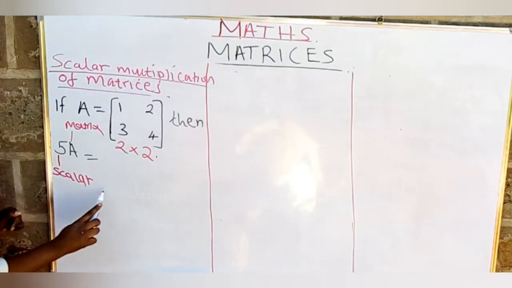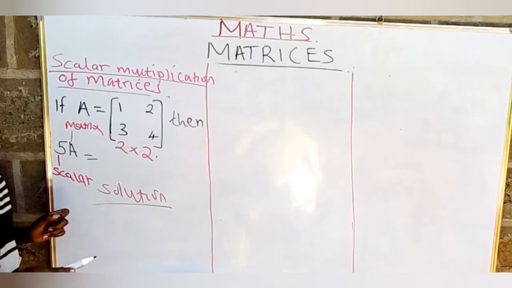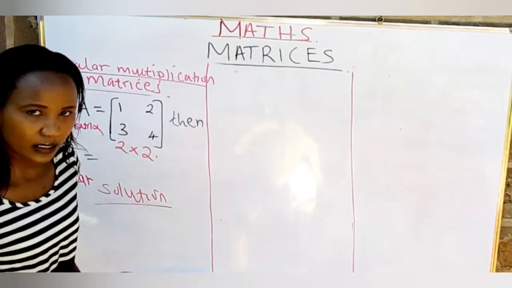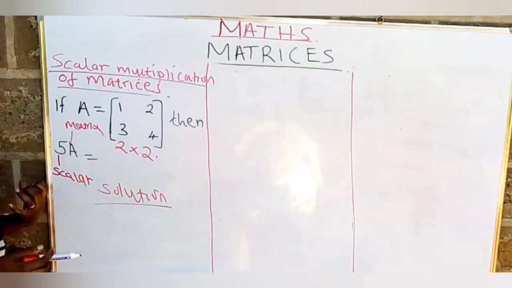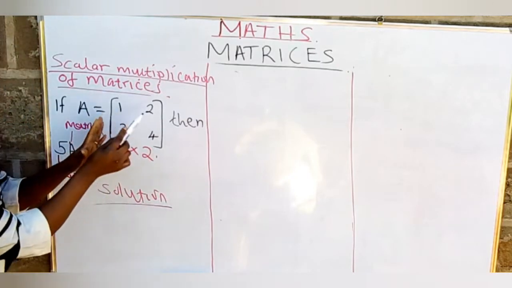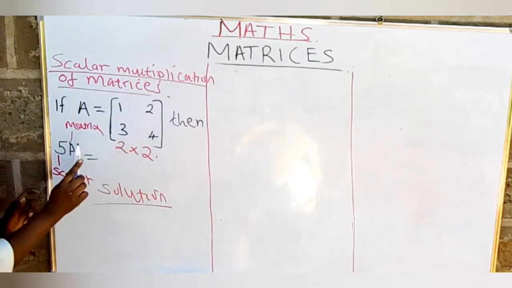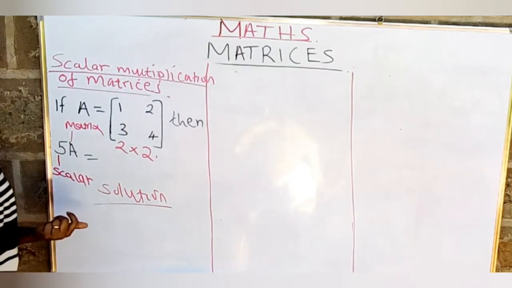In this scenario, when we are doing scalar multiplication of matrices, we mean that all the elements in the matrix should be multiplied by the scalar. What do we mean? This means that all the elements in this matrix should be multiplied by this scalar, which is now in this case 5.